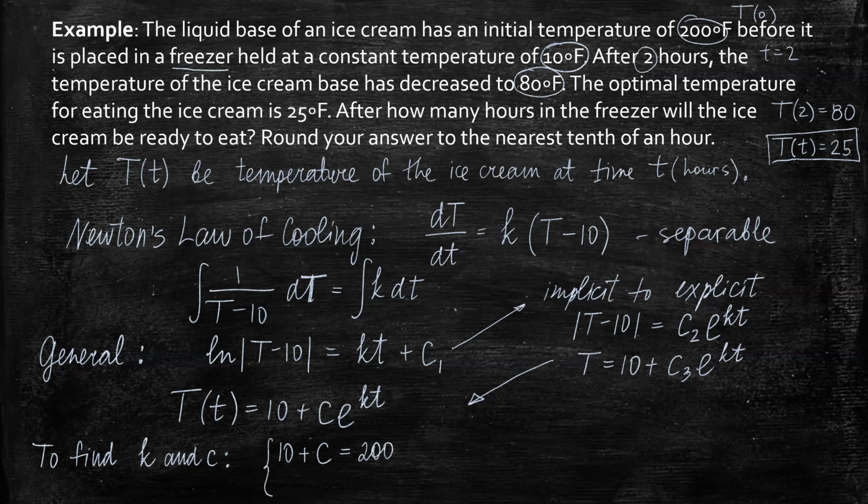And when I replace t with 2, I should get 80, right? So 10 plus C e to the power 2k is equal to 80. And we can use the first equation to solve for C. So C is equal to 190. And we can use that value of C and replace it into the second equation.